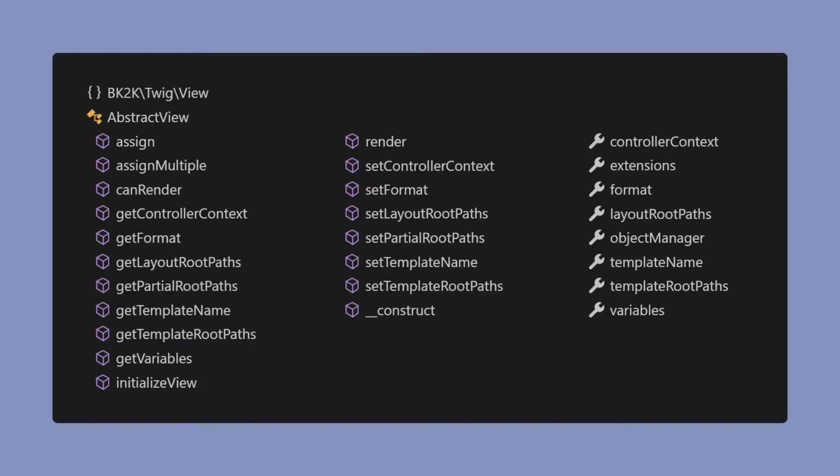So we get assign multiple, can render, get controller context. We also set formats. We got partial layout, and all that kind of stuff. And in comparison, this is what the view interface would have defined. That's the grayed out area, and everything else we need to build new, because the view interface itself doesn't need this kind of stuff.